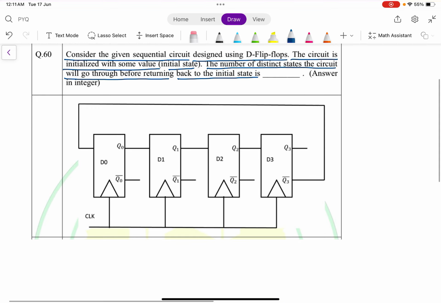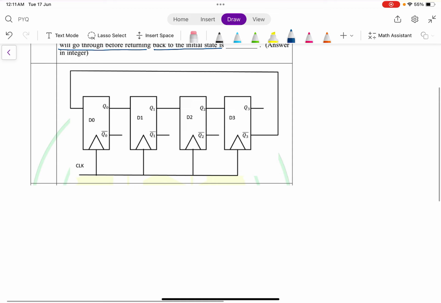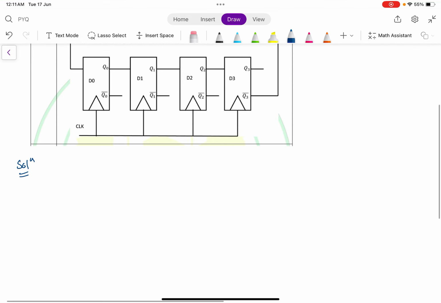So everyone knows the basic, it is nothing but a twisted ring counter, also known as a Johnson counter.